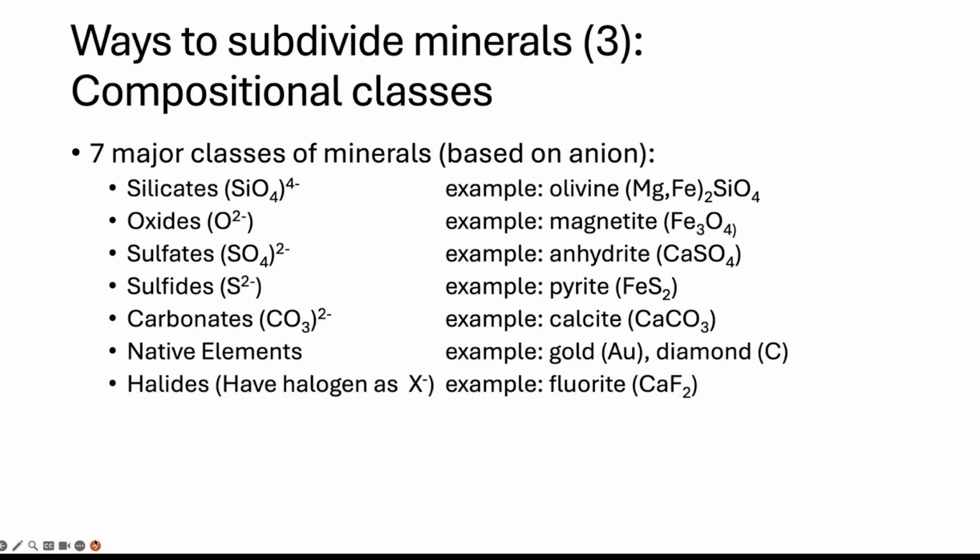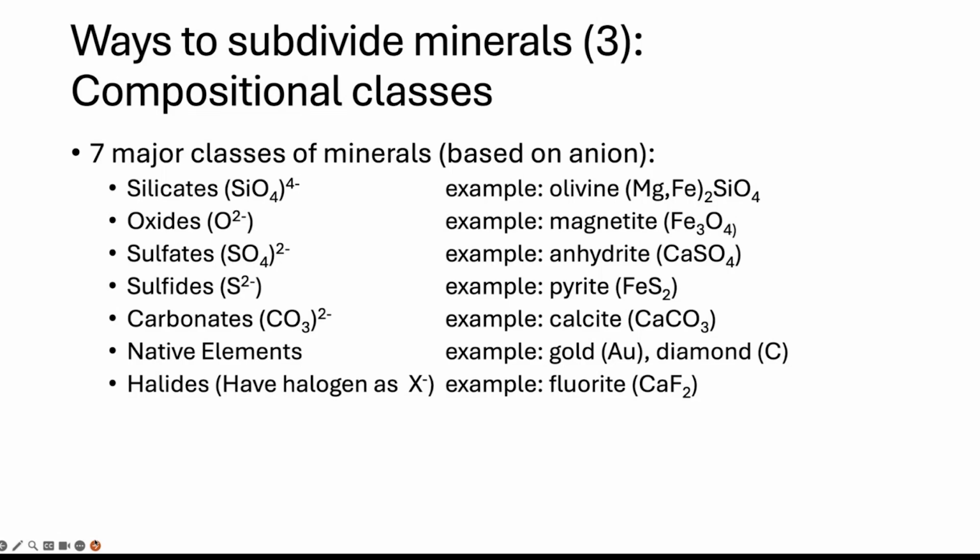More useful for this class is to subdivide minerals into their 7 compositional classes. Number one is silicates, for example, olivine. The silicates all have Si as one of their anions. Oxides, for example, magnetite or hematite.